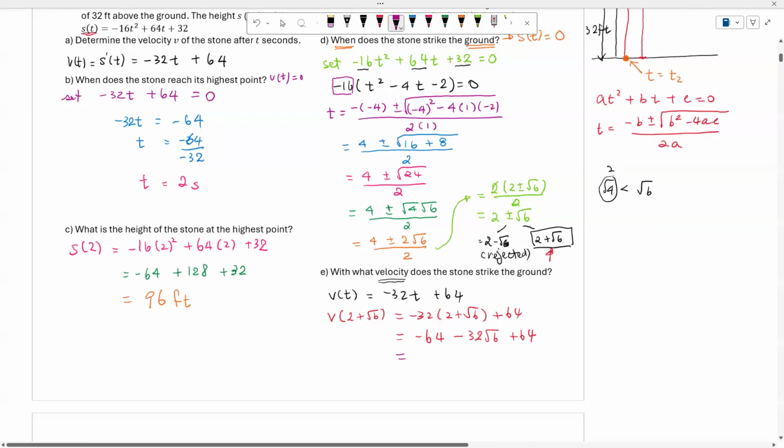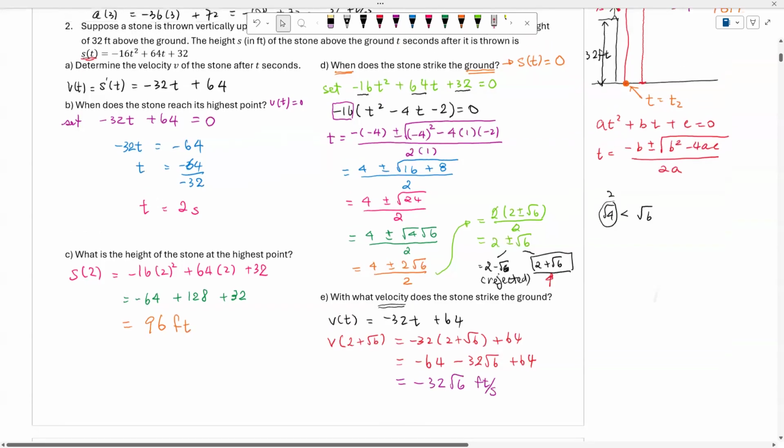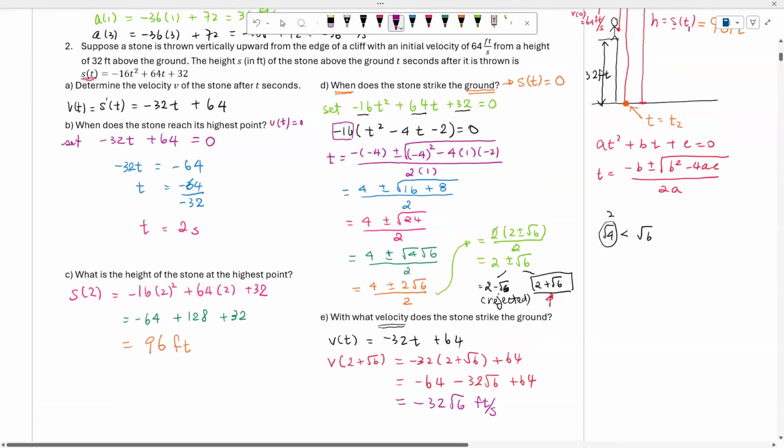So my answer will be negative 32 root 6 feet per second, okay? And you will see that the velocity is negative, which is okay, right?